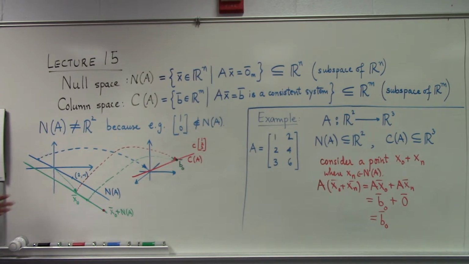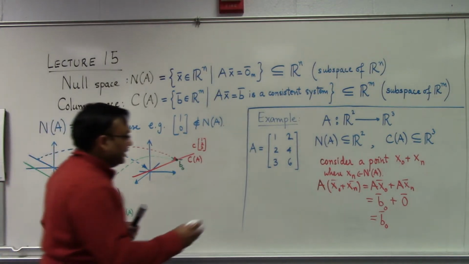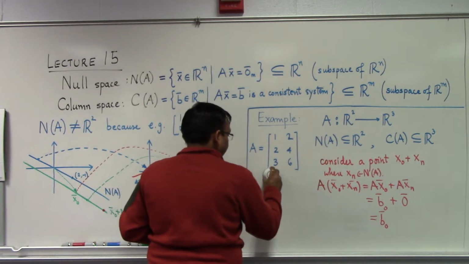So for example, if I add one more row to A, what effect would it have on the null space of A? So I'll give you an example and you will see what happens. I'll make a small change in this A, and I would like to see if it will have some significant effect or not.